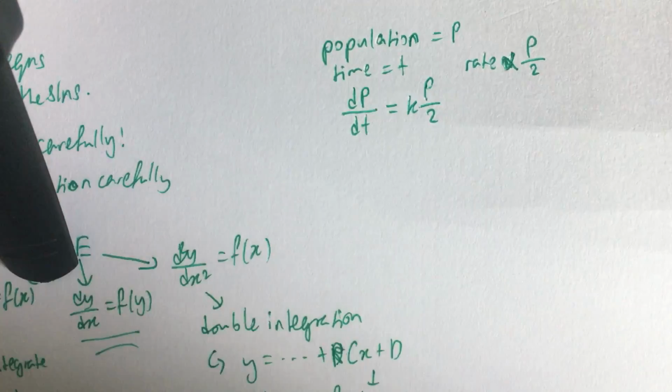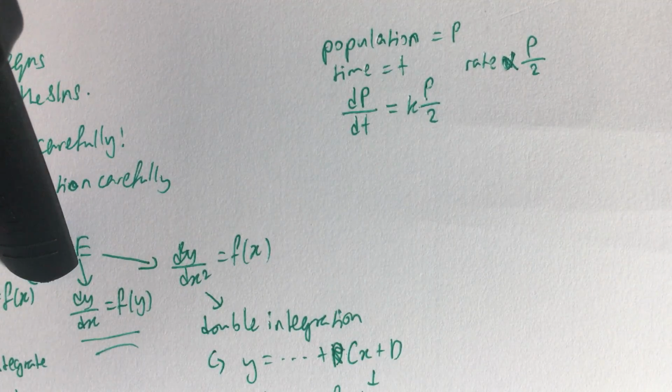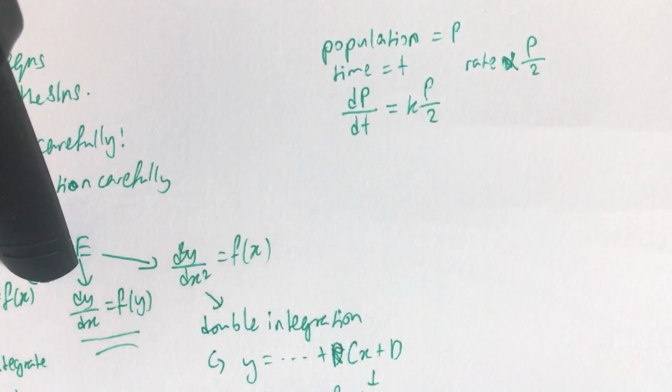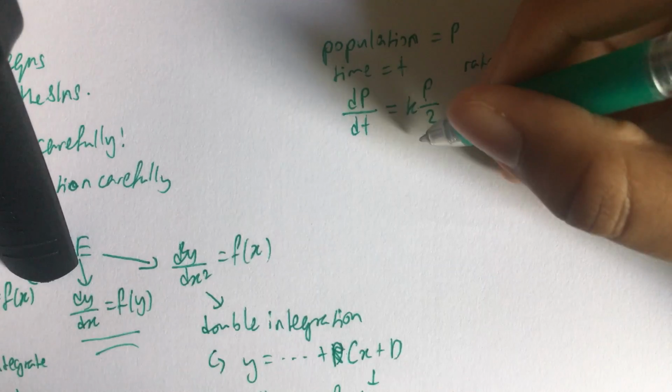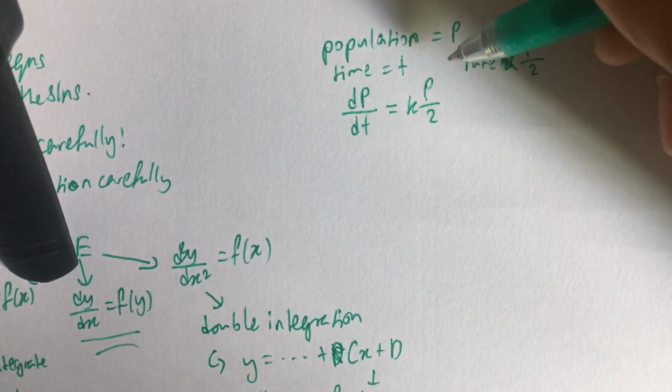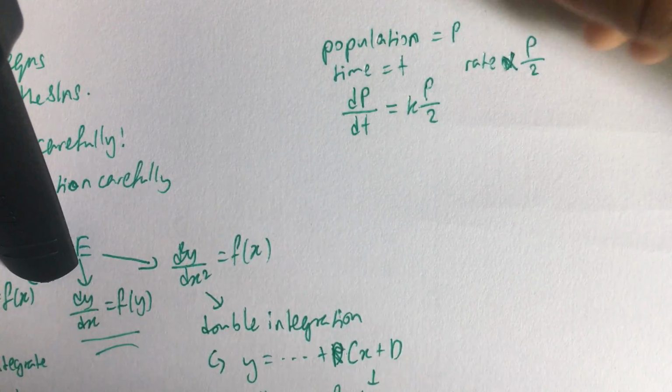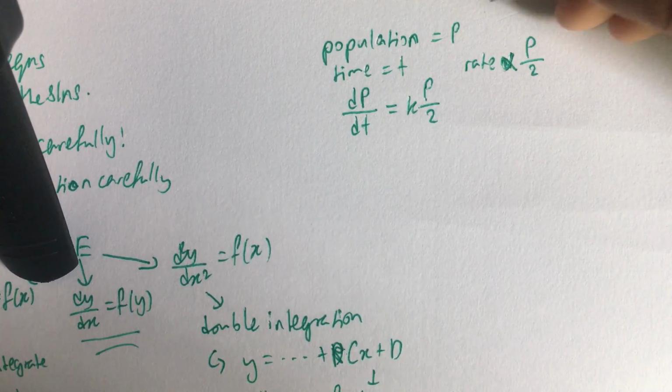Then you would say that dy over dx is equal to a constant k times y over 2, because you say that it's proportional, right? So the k is your constant of proportionality.